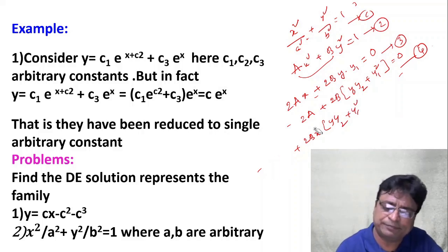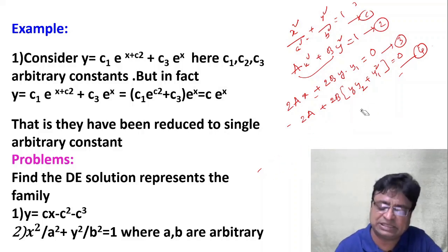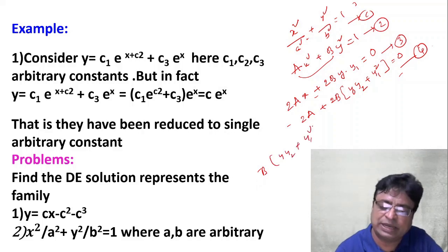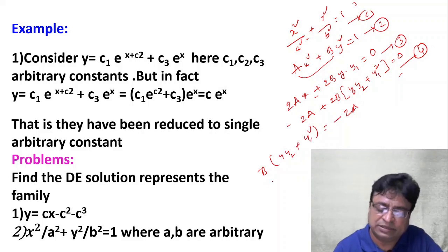Or do one thing. Better is, my 2a is 2b into y y2 plus y1 square equal to minus 2a, and 2by y1 equal to minus 2ax.